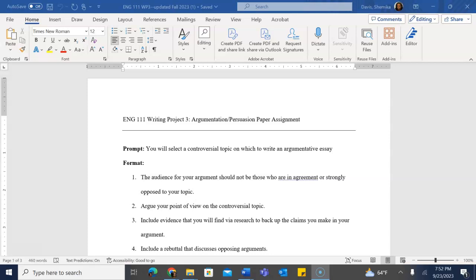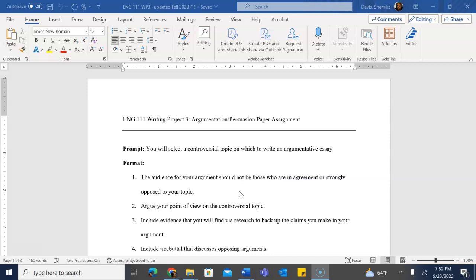The format is that you're going to choose an audience for your argument, and obviously you're going to want to make sure that your audience for that argument is not going to be an audience that is going to agree with you in normal terms, right?